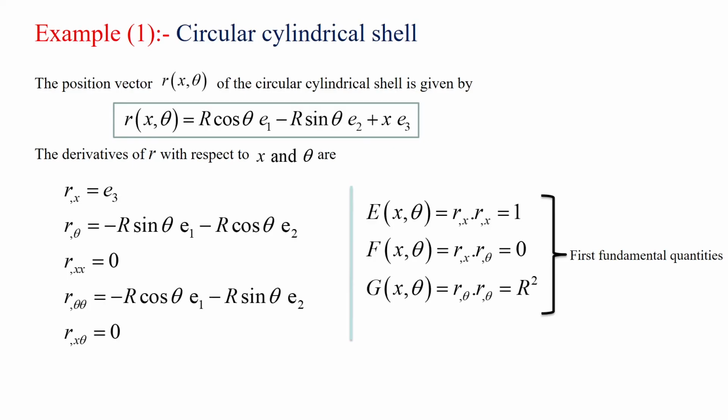Here, let us say that our system is x1, x2 and x3, and you have a cylindrical surface, where the third direction is the longitudinal direction.